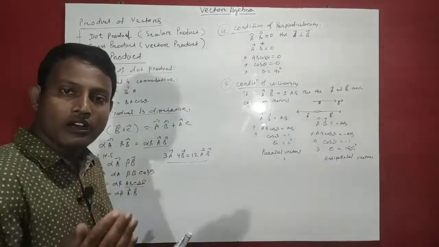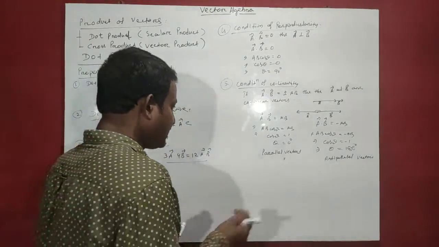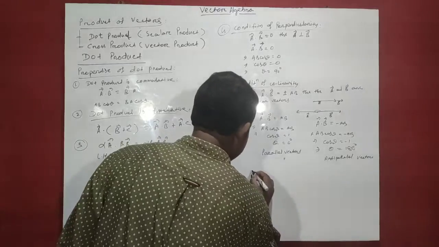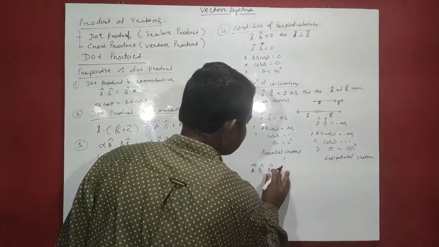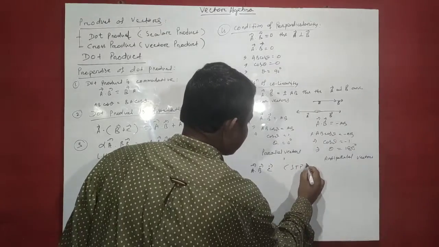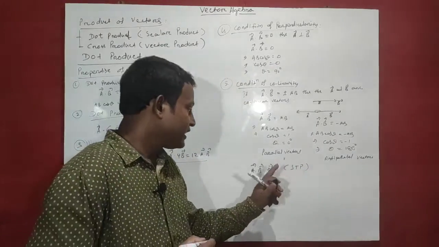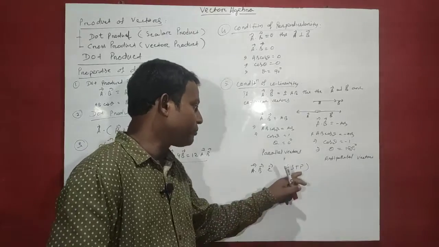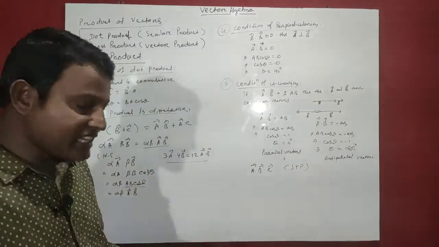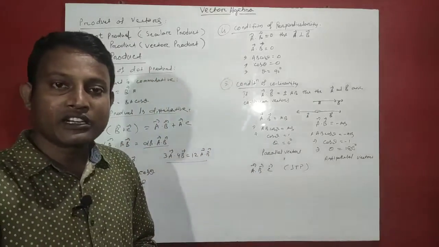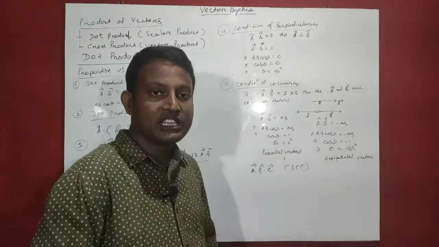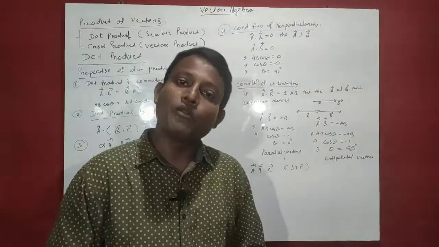The geometrical representation of the scalar triple product is a parallelepiped.